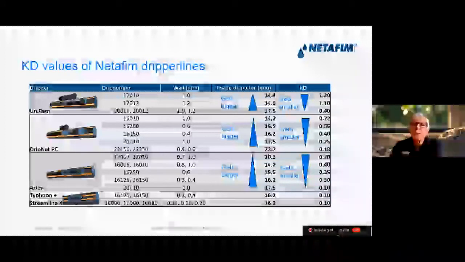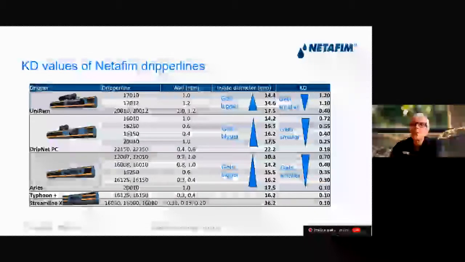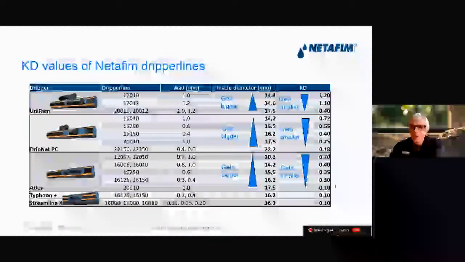And let's look at a larger range. Look at Aries. We put Aries into pipes where the internal diameter ranges from the small end at 10.3, going up to 17.5. And there again, as the internal diameter gets bigger, the KD starts off at 0.7, going right the way down to 0.1.